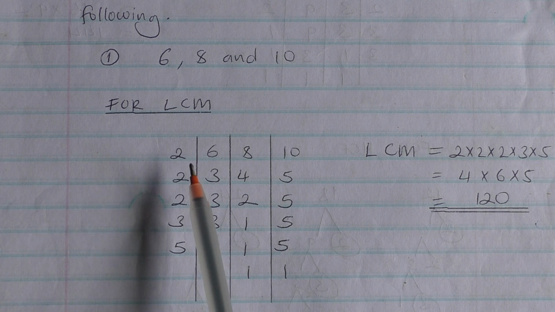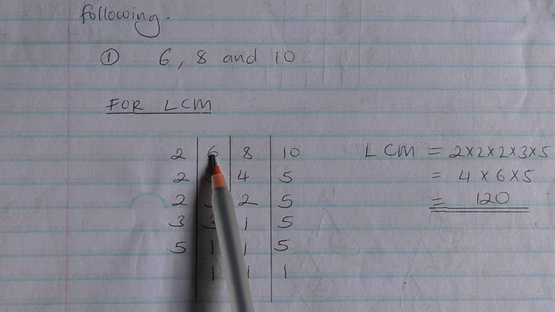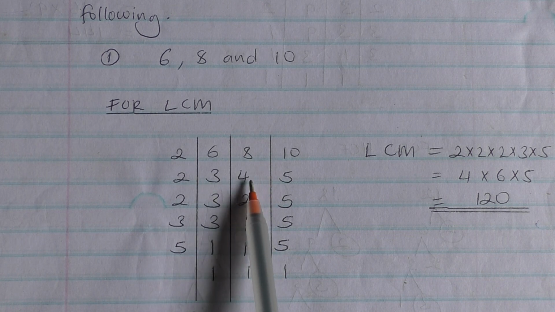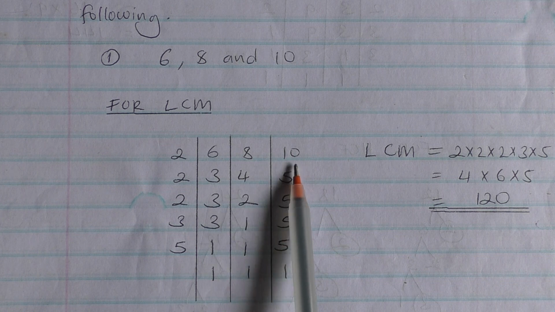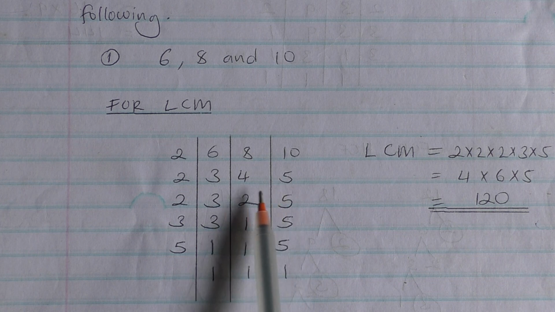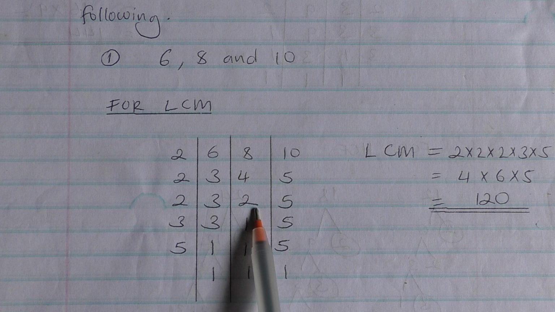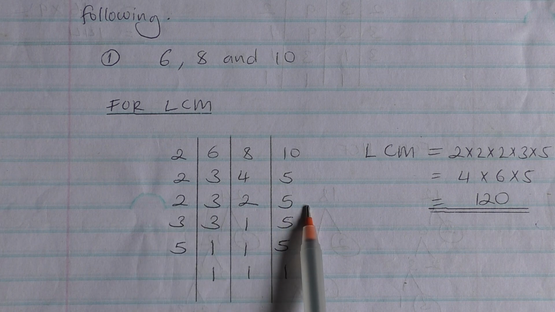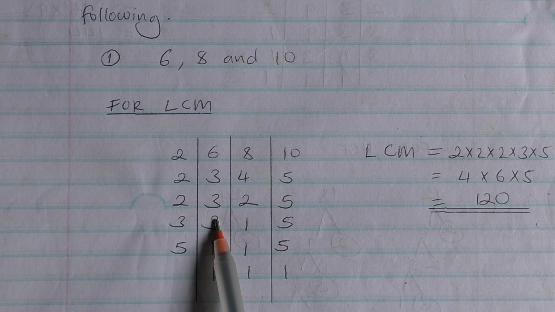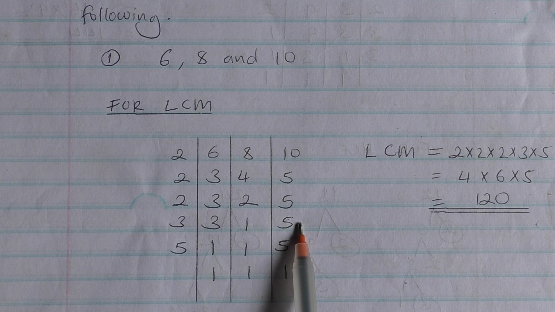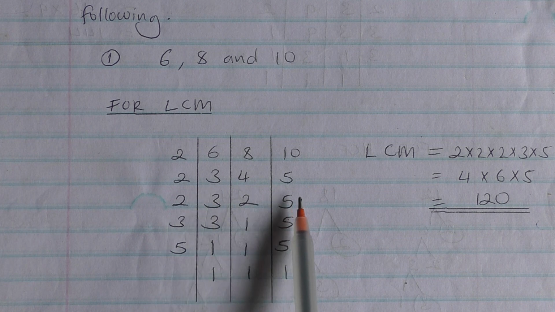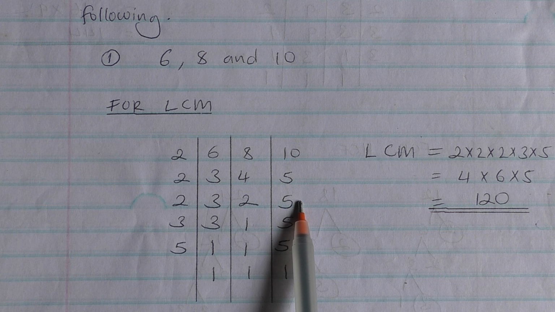So when we divide by 2, 6 reduces to 3, 8 reduces to 4, 10 reduces to 5, and still by 2, the 4 will reduce to 2. Still by 2, we shall have 3, 1, 5. Because we are maintaining 3 and 5, because 2 does not reduce the 3 and 5.